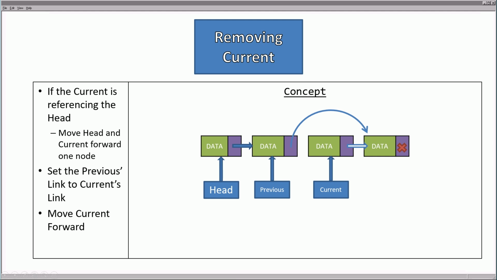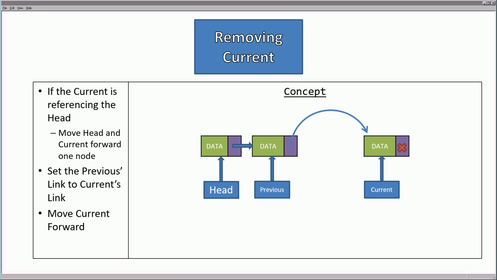Then we just move the current reference forward by following current is equal to current.link. Now, as there is no longer a path that reaches this object in memory, the garbage collector goes along and deletes that information.